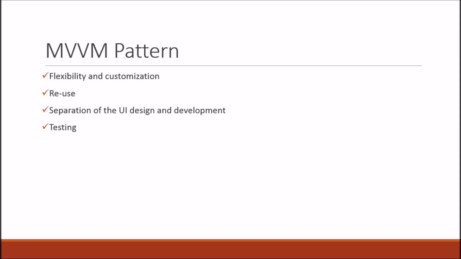Separation of the UI design and development: MVVM makes it possible to separate the work of the developer and the designer as clearly as possible. At first, the developer can produce an application with the crudest possible GUI, which is the view in essence. Then the designer, using designer tools, will be able to modify that view without touching any non-visual code.